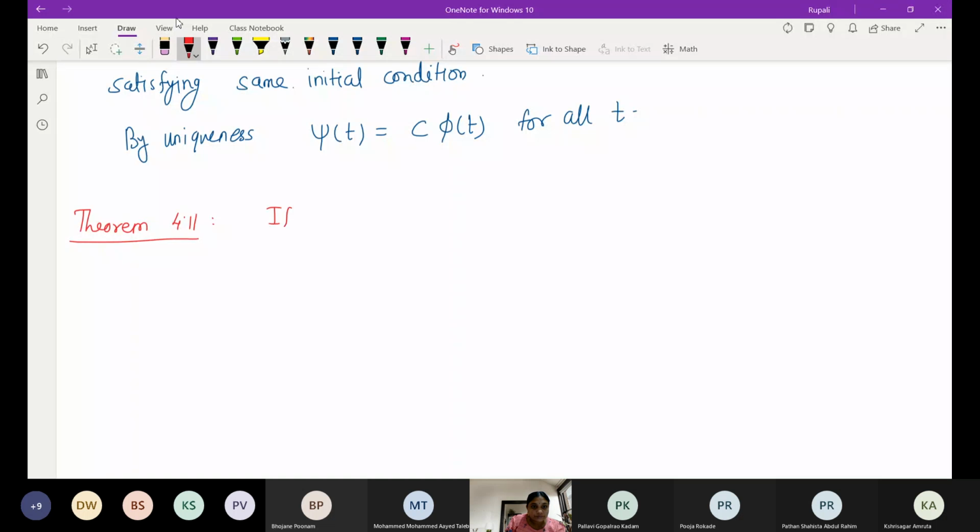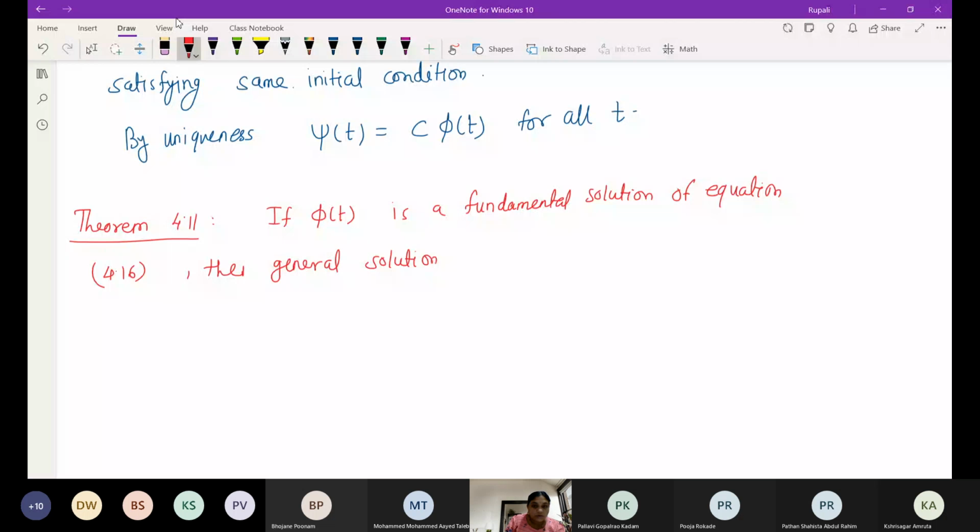If phi t is a fundamental solution of equation 4.16, the general solution of equation 4.16 is given by psi t is equal to phi t times C, or C times phi t.